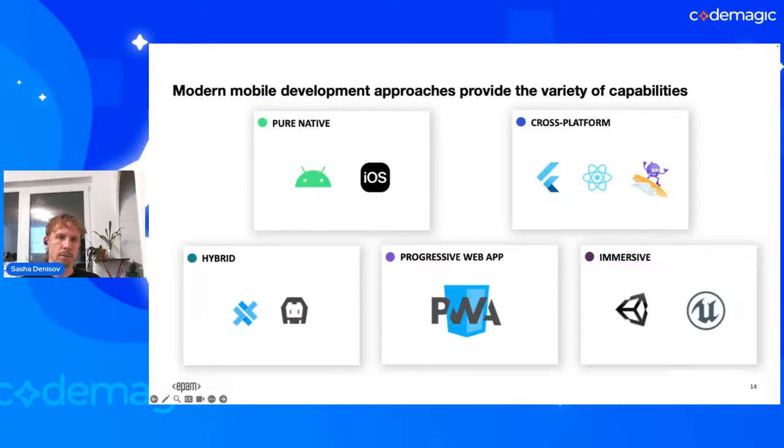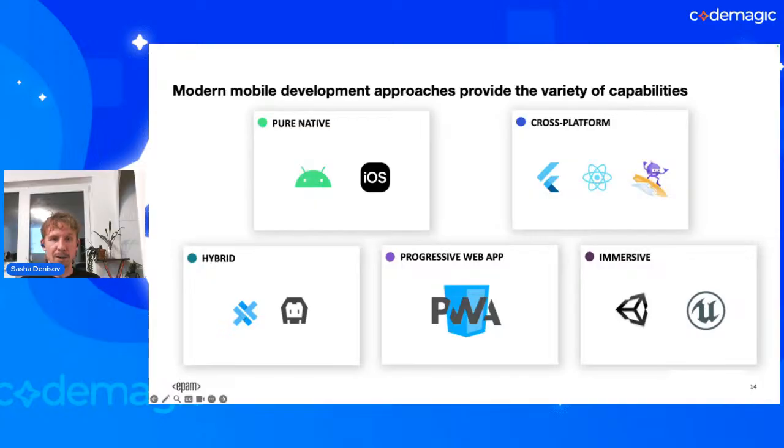Next one, hybrid. The hybrid approach is Cordova, Ionic, and more. It uses mobile web technologies to create applications, so it's kind of a web inside of mobile. The next one is progressive web apps.